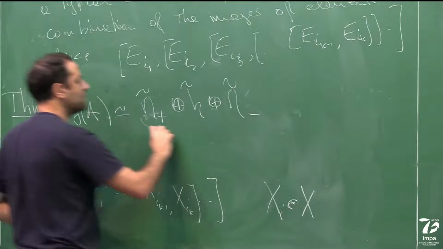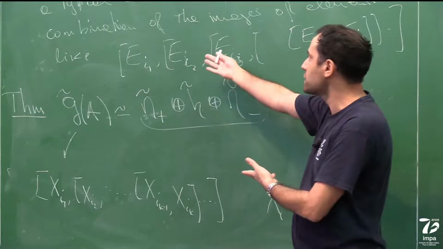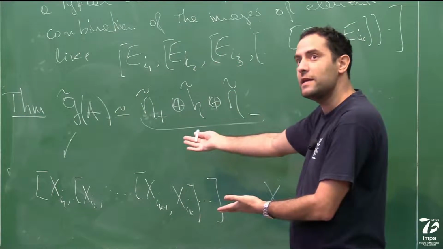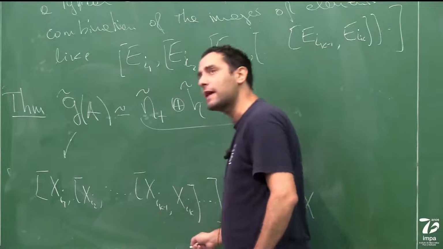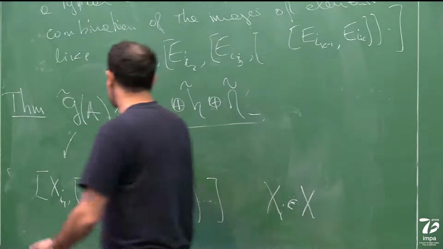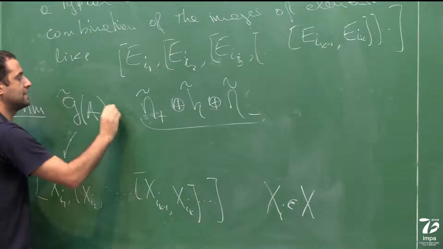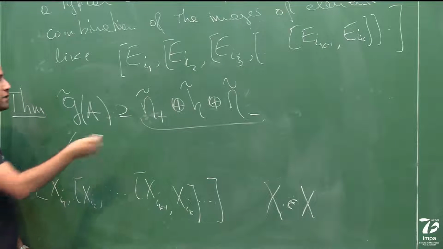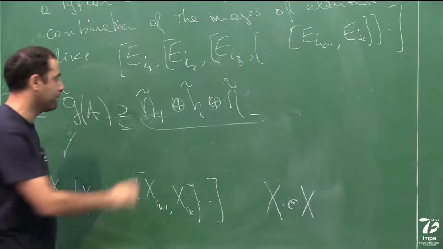So a typical element here is a sum of three things, one involving only h's, the other one involving only e's, and the other one involving only f's. So I need to prove that any element like this can be written in this form, which is restrictive. It's clear that this direct sum, if it was direct, is inside. This is obvious. What I need to prove is the inclusion the other way around. And I need to prove that this sum is actually a direct sum.